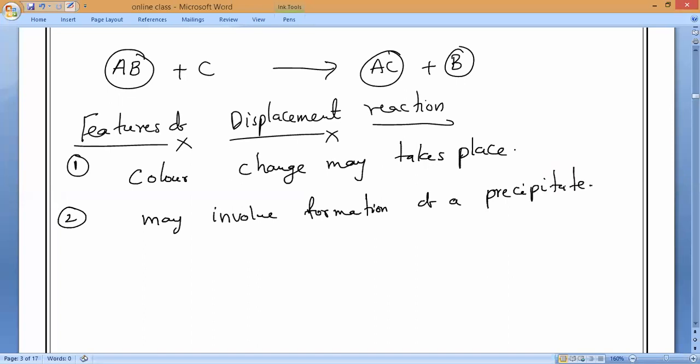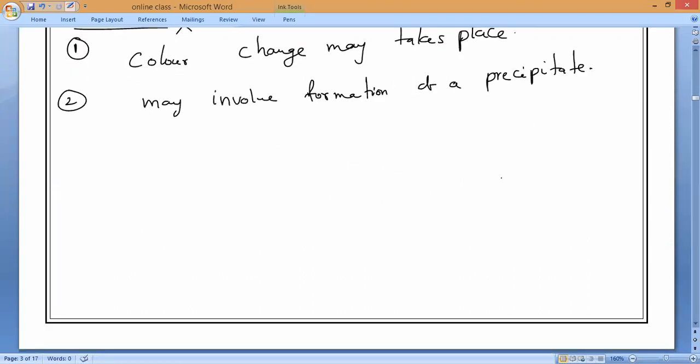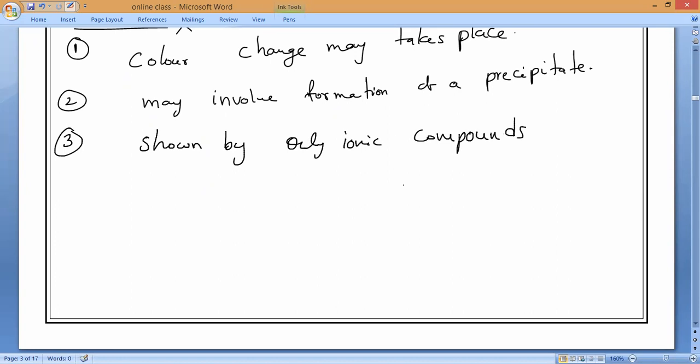An insoluble substance that is formed after the reaction. Okay, next, the third one. These can be shown by only ionic compounds. Ionic compounds. Clear? So what do you mean by ionic compounds?